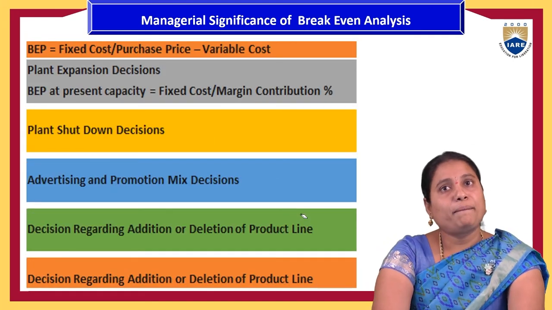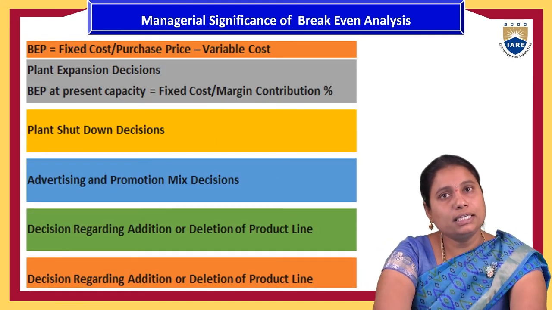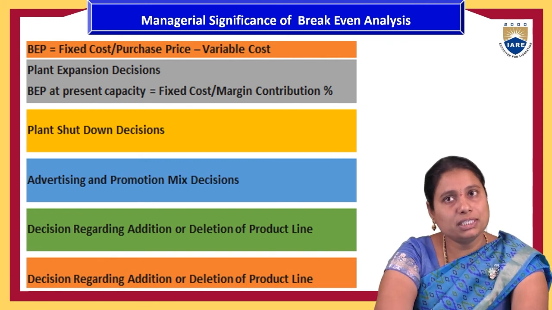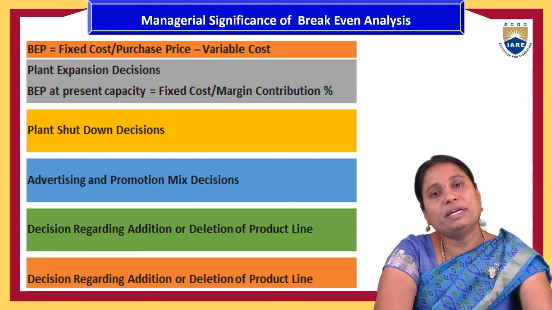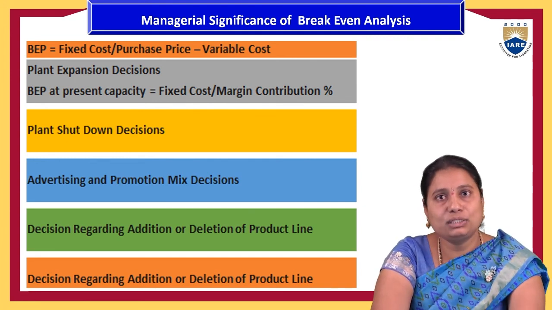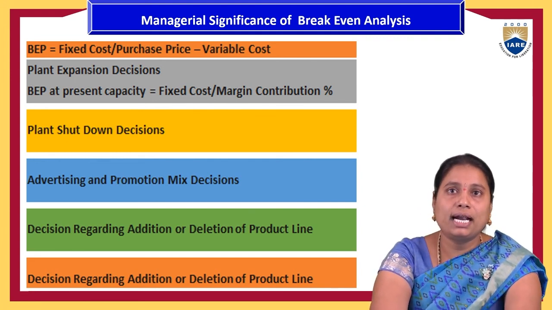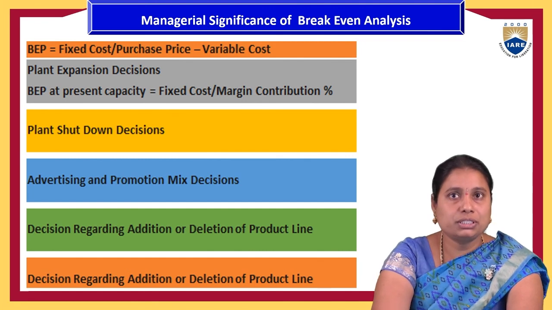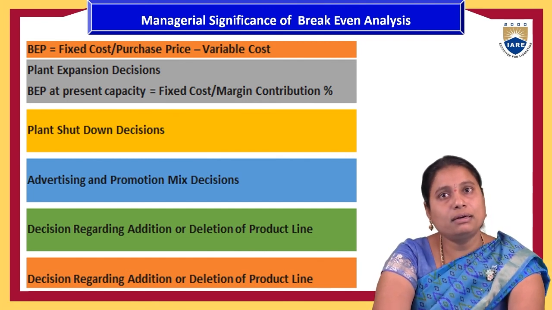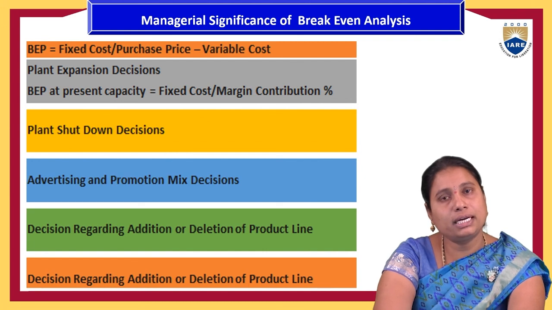Not only this, the break-even point is based on fixed cost, purchasing price and variable cost, and the impact of the purchasing price can also be calculated. Plant expansion decisions can be taken by comparing present capacity levels and expansion capacity levels.